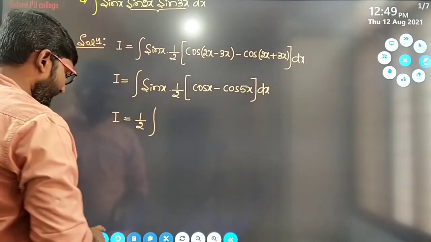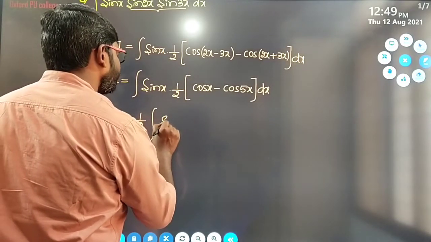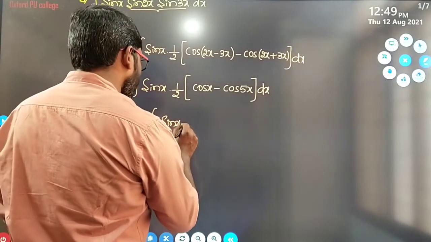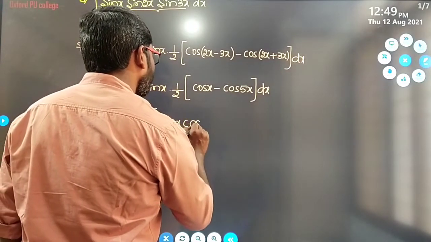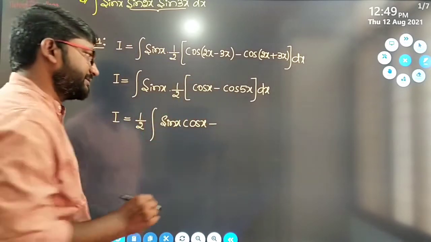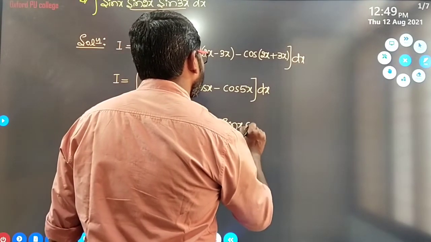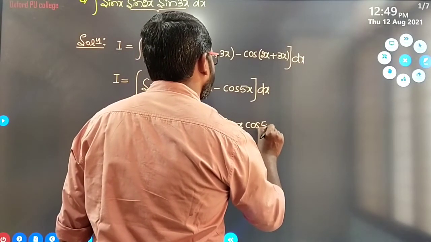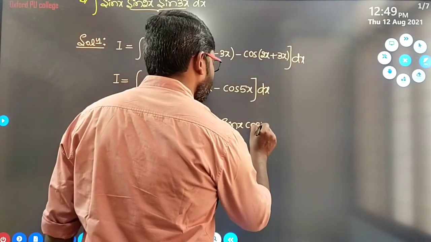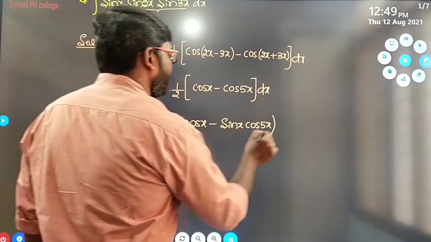Then we have integral sin x into cos x, then minus sin x into cos 5x dx.